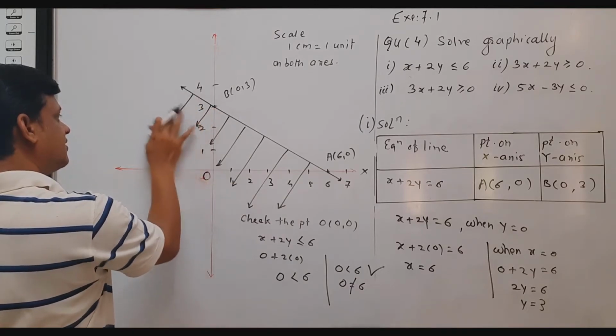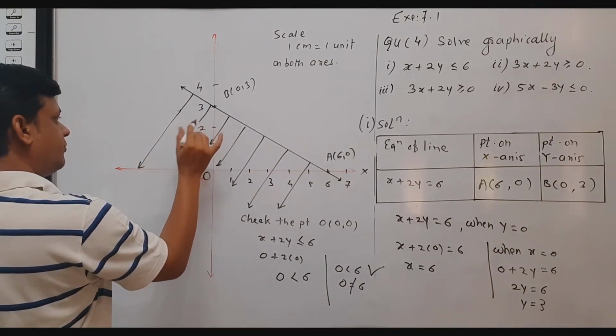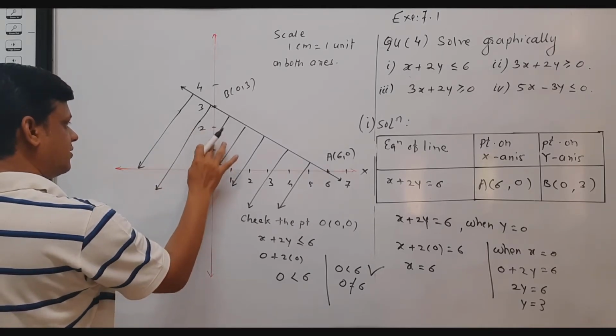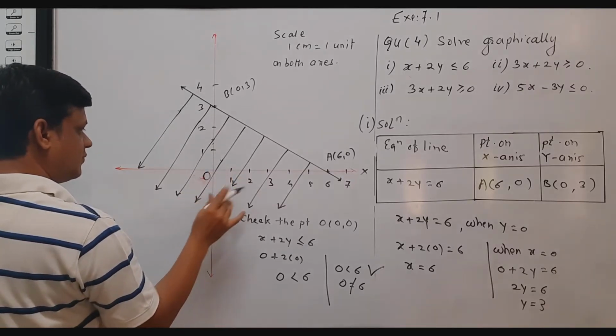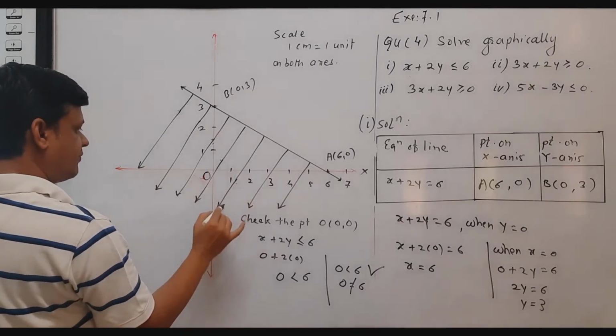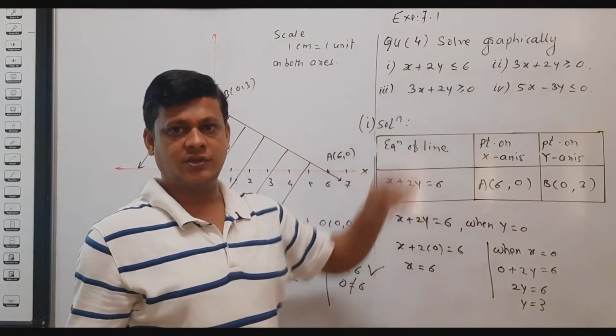So this is the shaded region, which is the solution for the given inequation. In this way we find the solution for this first inequation.